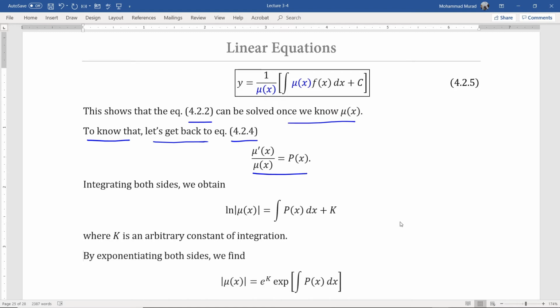By exponentiating both sides, we find the absolute value of mu of x equals e to the k times exponential of the integral of p, where we have applied the formula that e to the natural log of the quantity a equals a on the left-hand side.